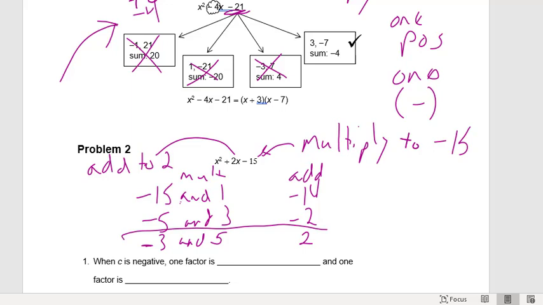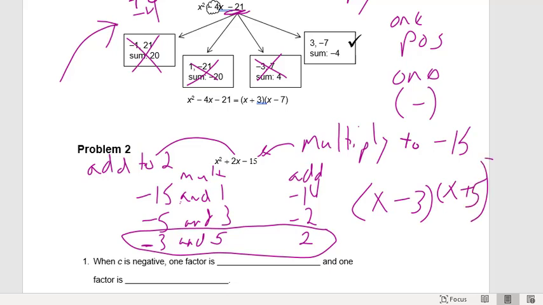So this one works. They multiply to negative 15, they add to get to 2. So the answer we would write in factored form is x minus 3 and x plus 5.